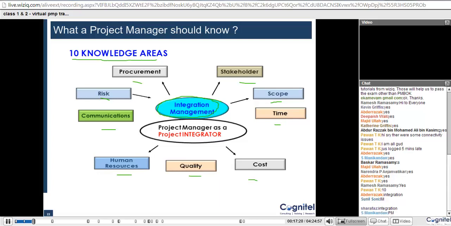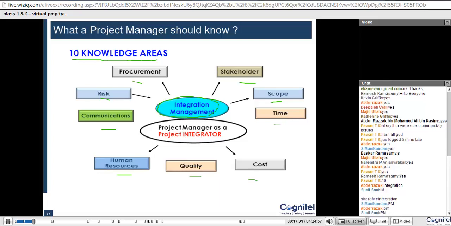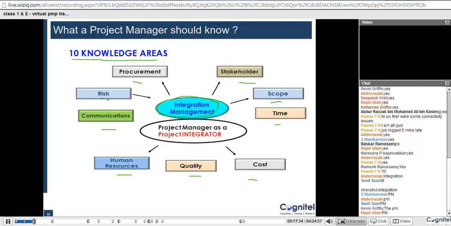That is the major role of the project manager, to act as a project integrator, or to basically carry out this integration management, because at times you would find that the project manager is doing scope management or time management, but on certain big projects there might be specialized people working on all these different knowledge areas, or different SMEs or different teams taking care of different knowledge areas, and the project manager is just acting as an integrator, which is quite a role in itself, to integrate all these 9 knowledge areas and combine them together to produce an output from the project.